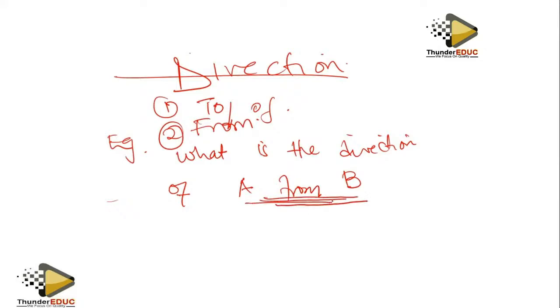What is the direction of A from B? In other words, we start from B. Let me use an example here that this is A and this is B. And they say what is the direction of A from B? We are moving from B to go to A. Therefore, we start from B, and at B, that is where we draw our compass.